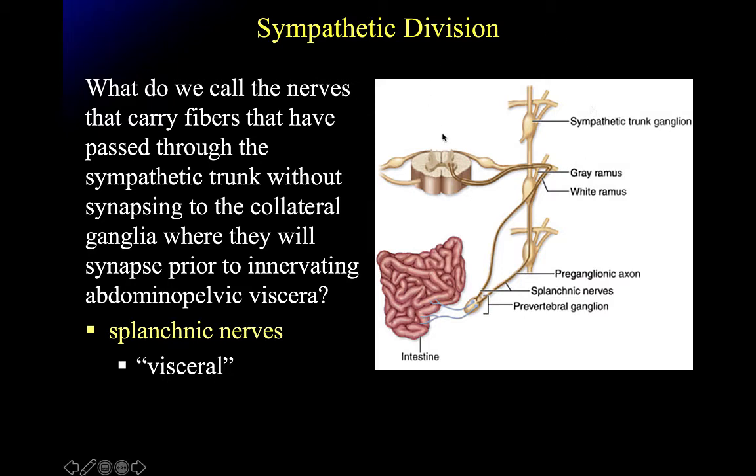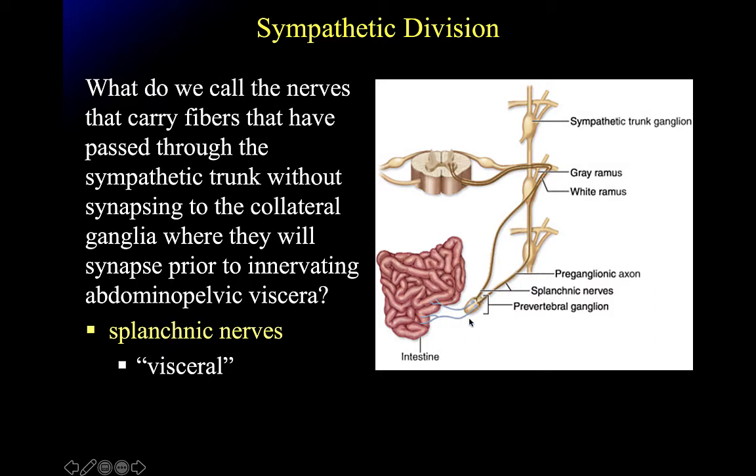region. And if we take a look at how this works, we're going to again start in a lateral horn from T1 to L2, exit out the anterior root. We're going to get on our spinal nerve, off on a white ramus communicans. We either pass directly through a sympathetic trunk ganglion and out onto a splanchnic nerve, or we first go to a different sympathetic trunk ganglion and pass out on a splanchnic nerve.